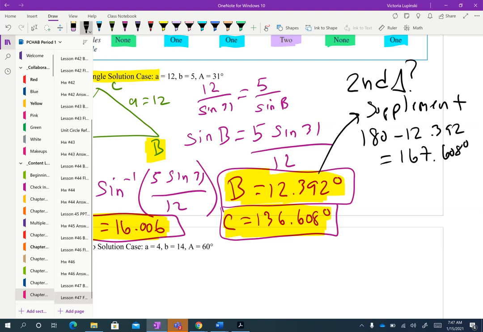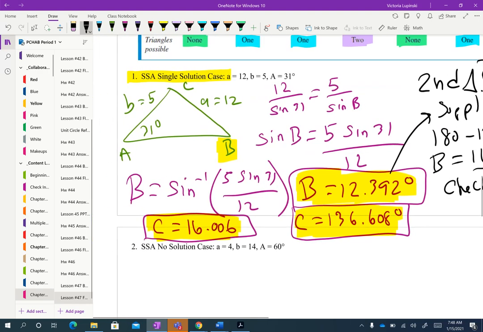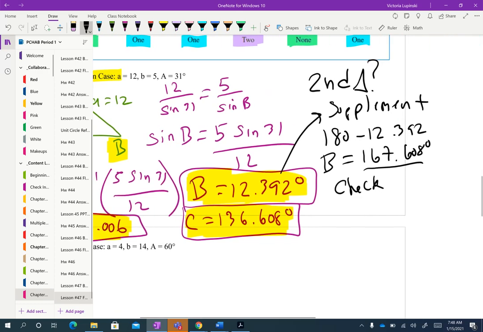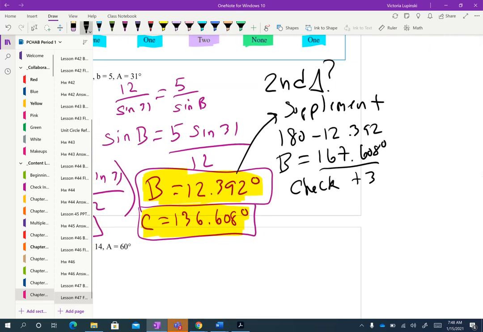So what that means is that if there was a second triangle, then angle B would be equal to 167.608 degrees. Then you have to check if you take that potential second angle and you add it to the original angle, could you have a triangle?